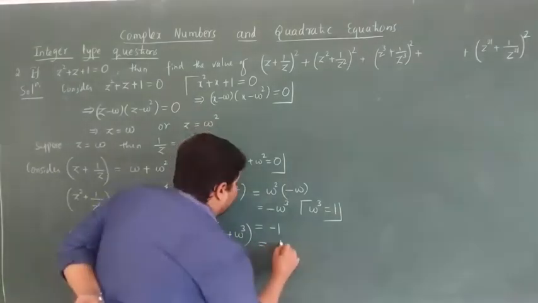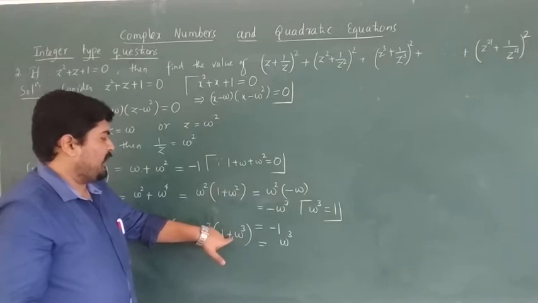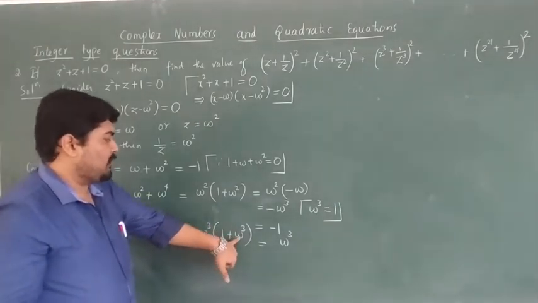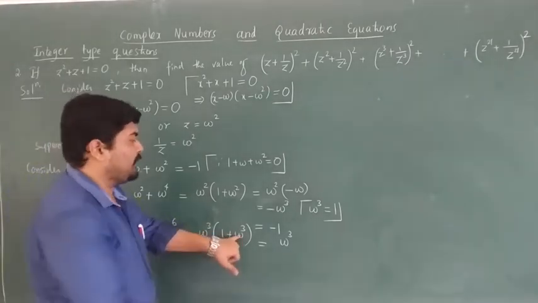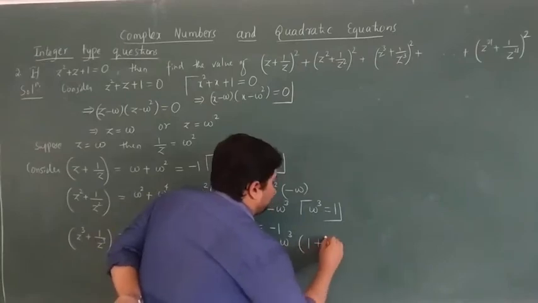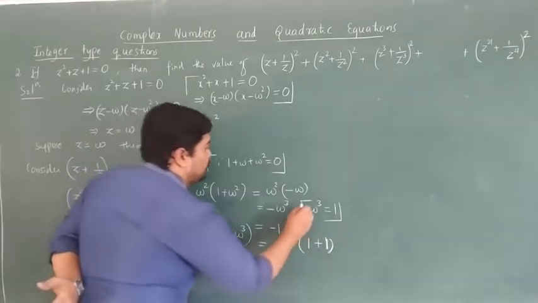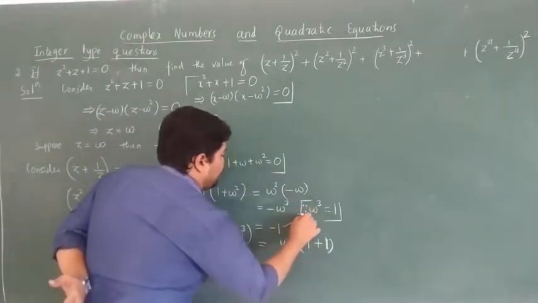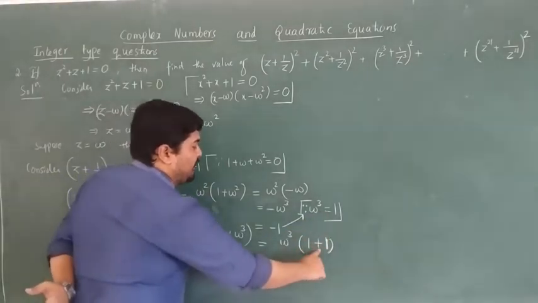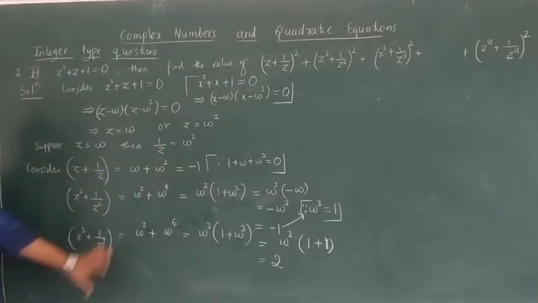Now omega power 3 is multiplied with, here you are having 1 plus omega cube, isn't it? Omega cube value we know is equal to 1. Substitute that, you will get 1 plus 1. Now omega cube once again equal to 1, into 2, that is equal to 2. I hope you can easily understand these things up to here.